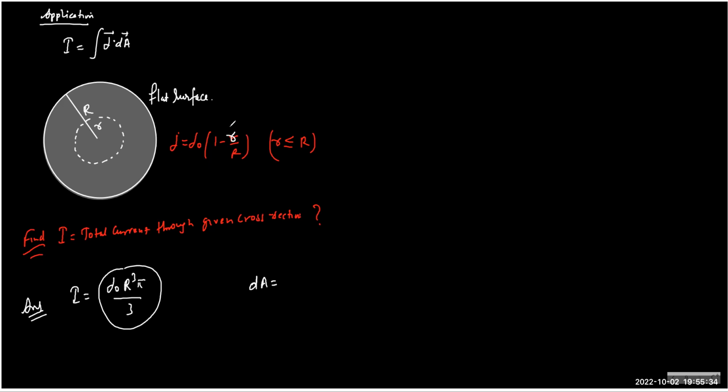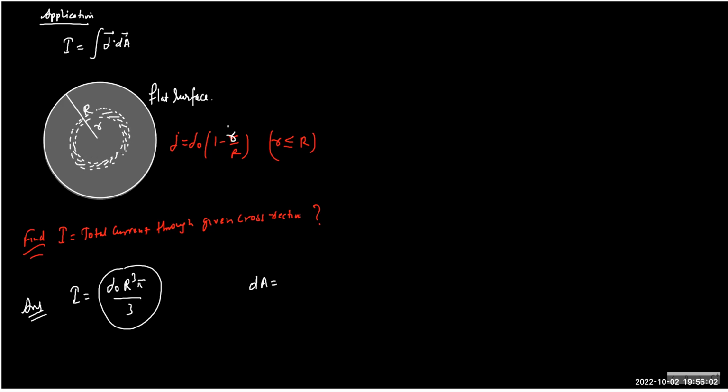So J is a function of r. So the locus will be something with constant r, which is the circle. Then you move further by dr, so dA is 2 pi r dr. Now you find the current through this elementary area because J is constant for this part.